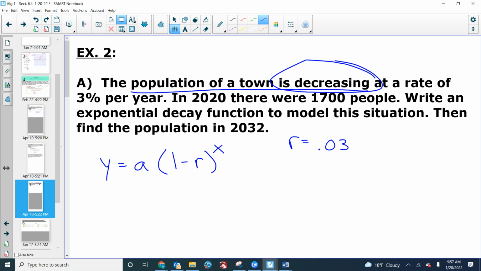In 2020, pretend this is the year 2020, there were 1,700 people. So what's A? What's the initial amount of people? Good. We have enough information to write our equation. 1,700 times 1 minus 0.03 to the x.